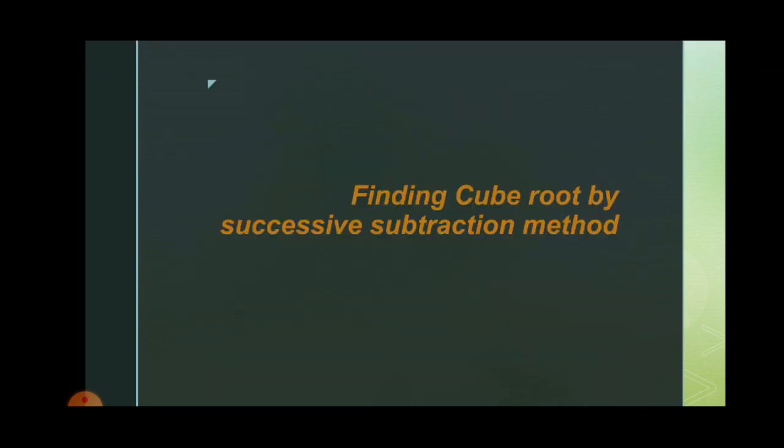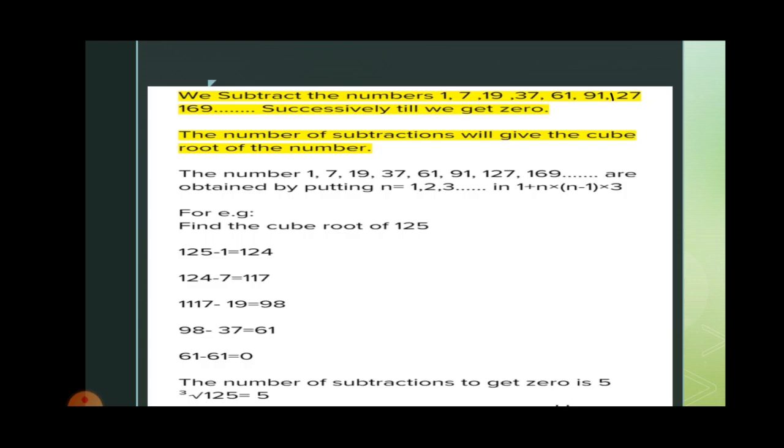Now, finding the cube root by the successive subtraction method. We subtract the numbers 1, 7, 19, 37, 61, 91, 127, 169 successively till we get 0. The number of subtractions will give the cube root of the number.